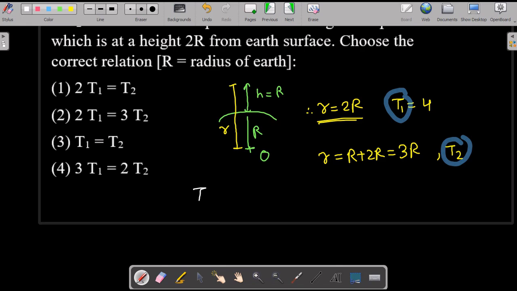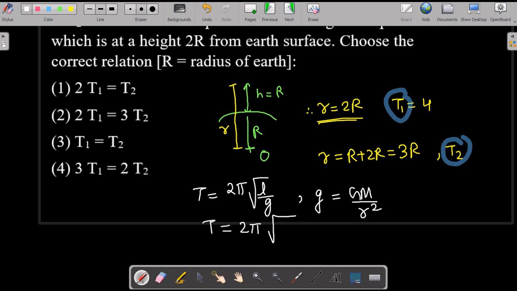So what is the time period? Time period of a simple pendulum is 2 pi root under L by g. And g for an outside point is GM by R square. So if you substitute it here, this will become 2 pi root under L R square by GM.